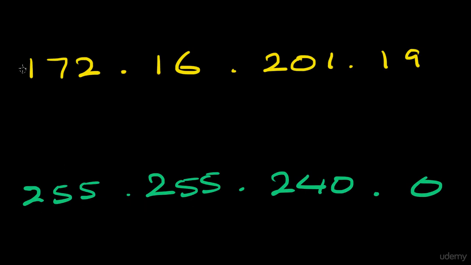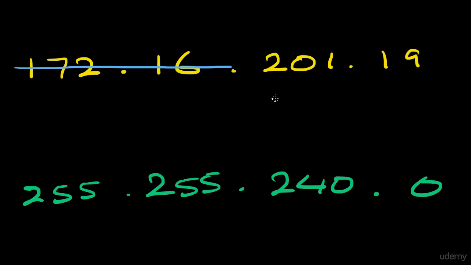255.255 is covering all of the bits in the first 2 octets. 255.255 is 16 ones, 8 plus 8. It's therefore covering these 2 octets.